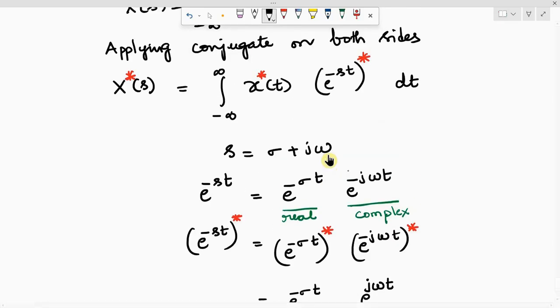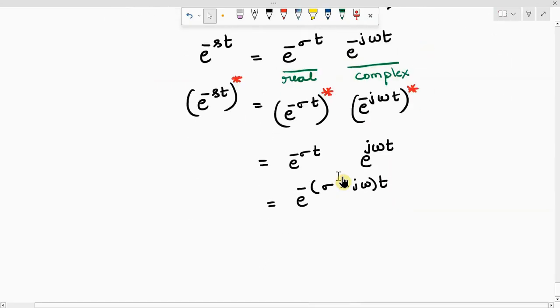If s is sigma plus j omega, can anyone tell me what s conjugate is? Sigma minus j omega. So s is sigma plus j omega, and s conjugate is sigma minus j omega. Now, can you see this as e power of minus s conjugate t?